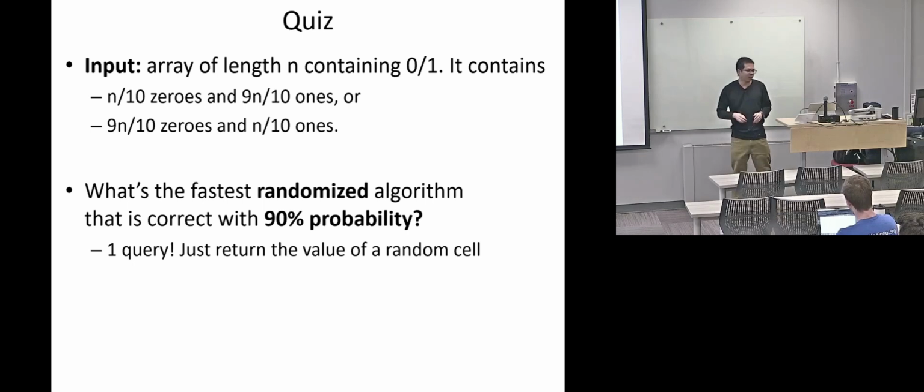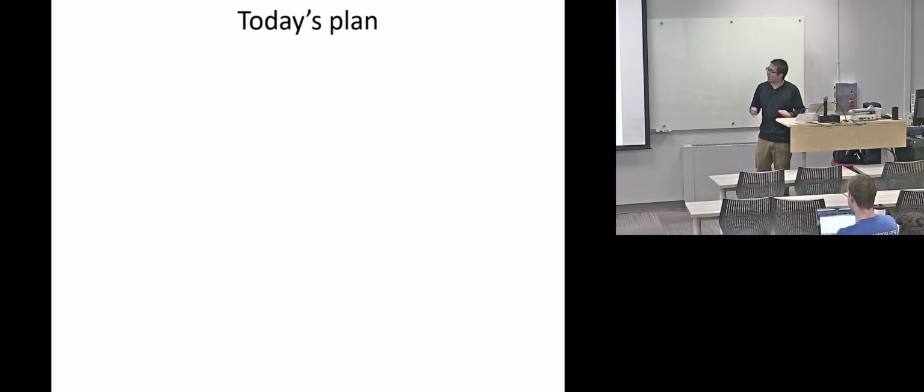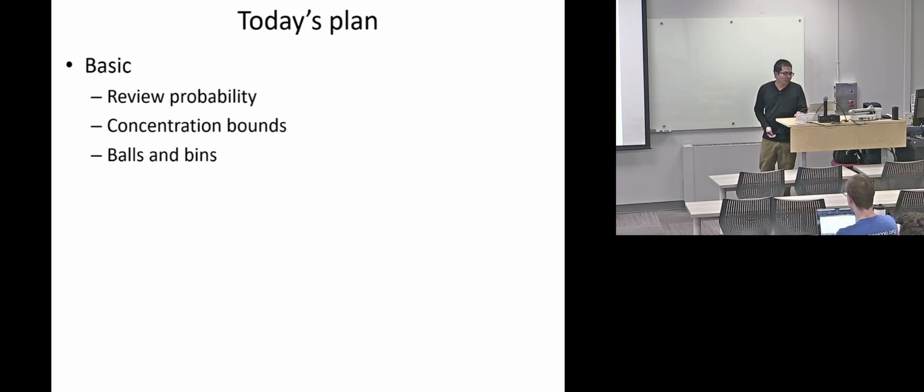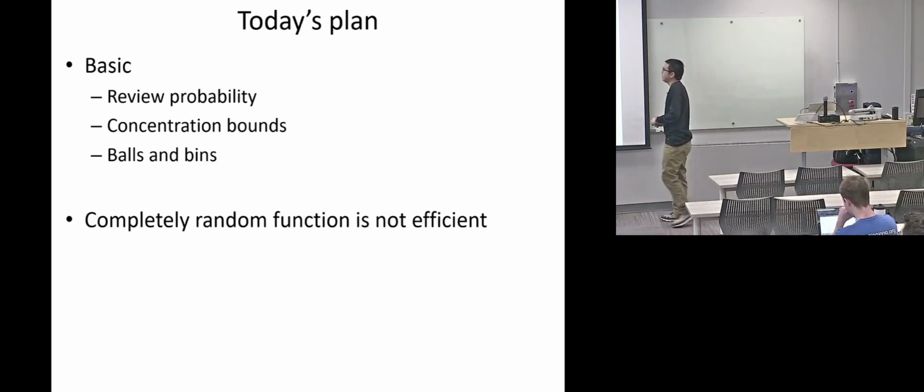This is just a toy example showing that sometimes randomness really helps you, and we'll see more and more examples of when it helps. But to do that, I need to review some of the basics that you need throughout this class. We're going to see how a random function is useful, but a completely random function is not efficient.